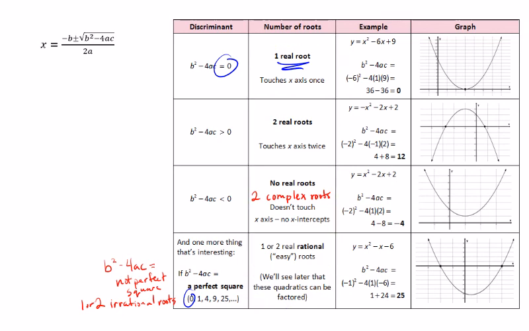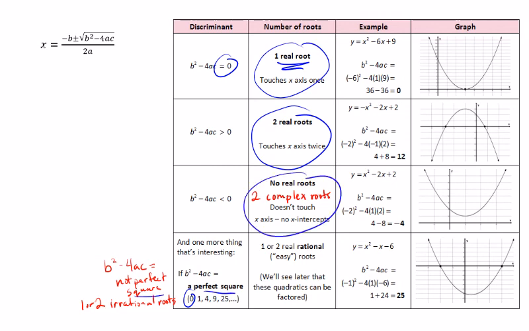If it's one real root, it's always going to be rational because 0 is a perfect square. If it's two real roots, it could be rational or irrational depending on whether it's a perfect square or not. And if they're complex roots, you don't have to worry about rational or irrational because they're not real in the first place. So you can just put two complex roots, if the discriminant's negative.